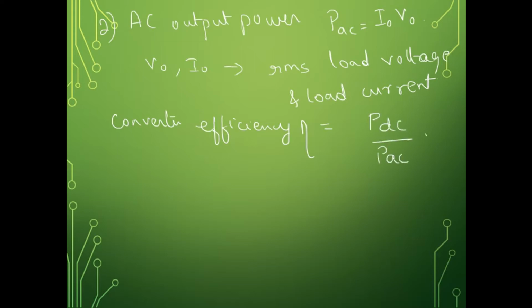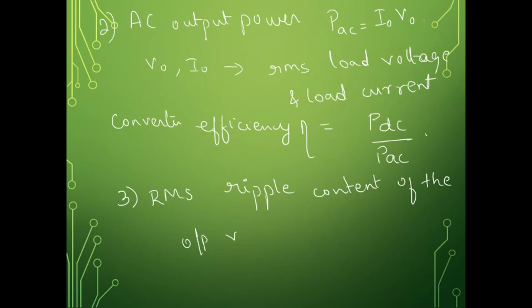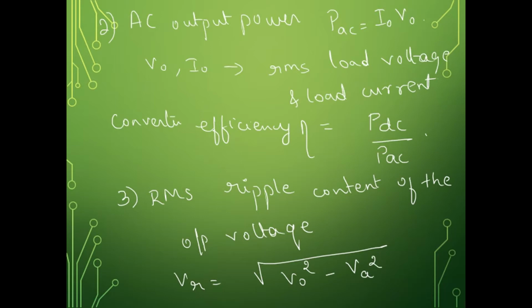The third one is the RMS ripple content of the output voltage.